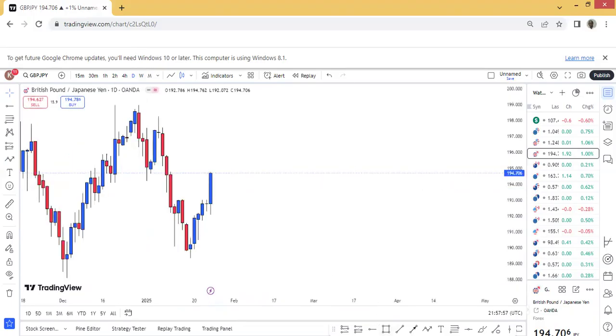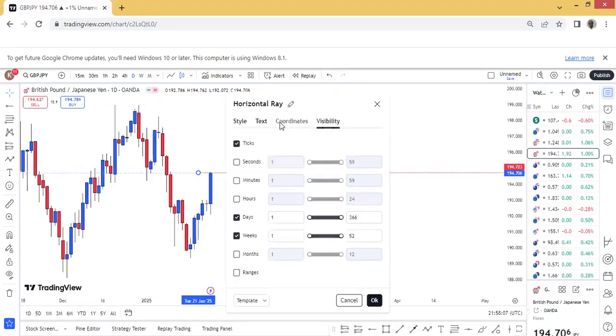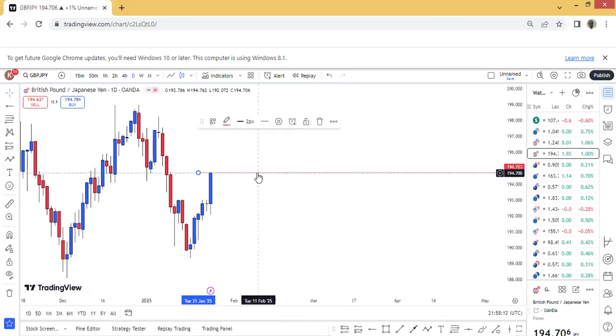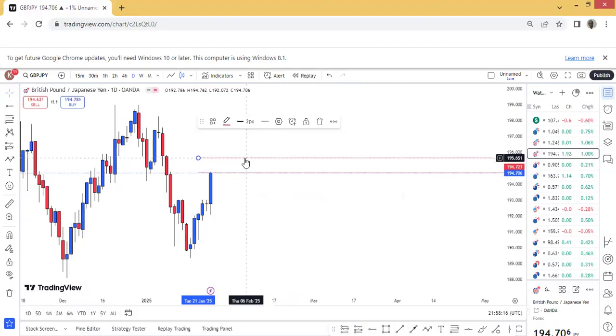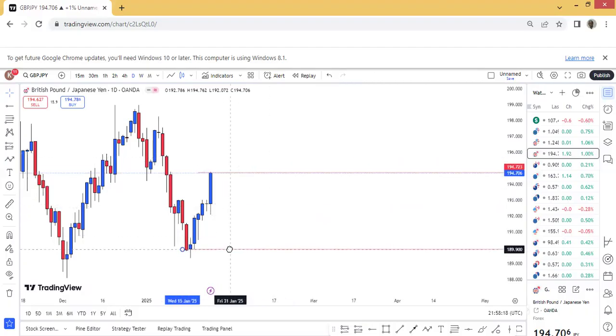Let's look at the daily. We are bullish on the daily. This was the last lower high, which has been broken. So we formed a new high. We are bullish on the daily.